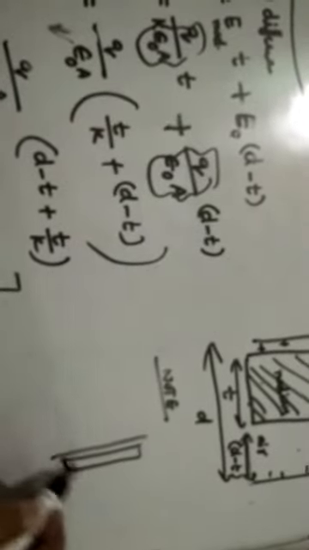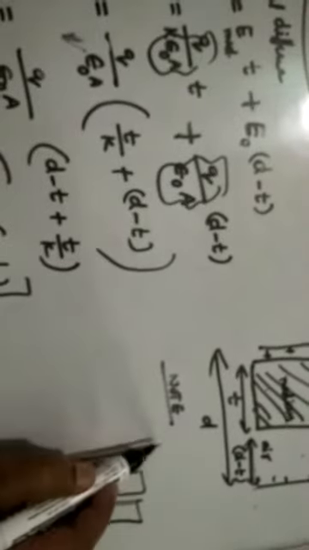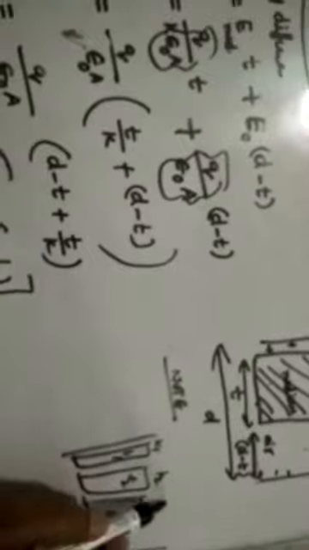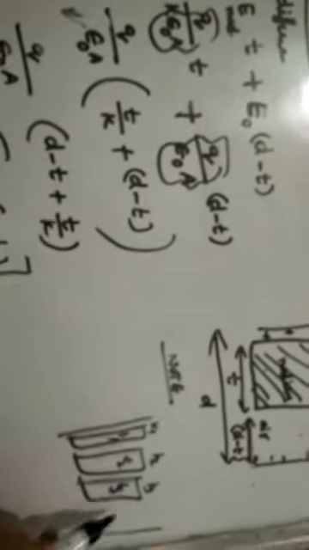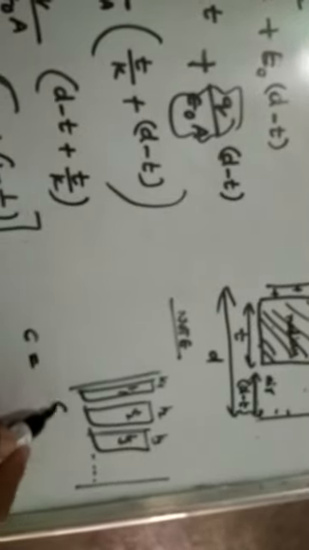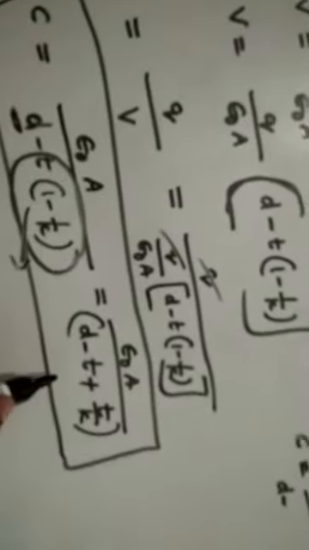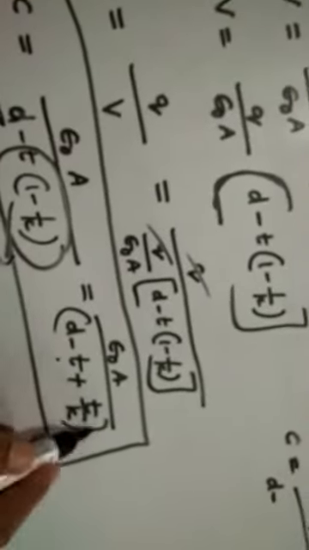If so many dielectrics are kept here: K1 with thickness T1, K2 with thickness T2, K3 with thickness T3, and so on. Then the effective capacitance becomes epsilon naught A by D minus, the same formula, T of T by K. But what is the T value?